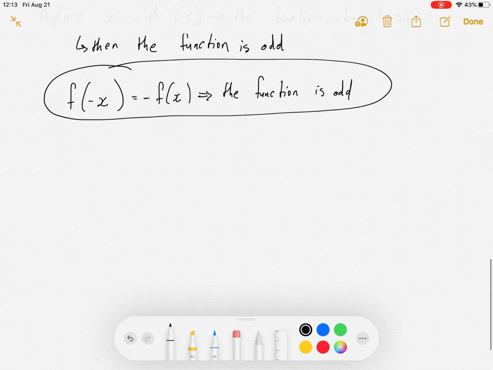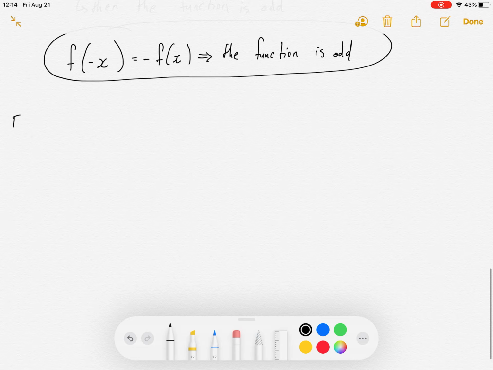Okay, so I'm going to show you kind of a full example of each of these. So let's show that f of x equals, let's do x cubed minus x, is odd.